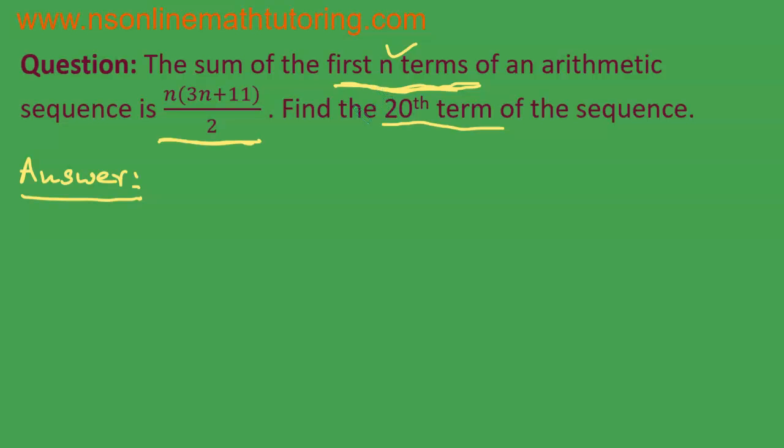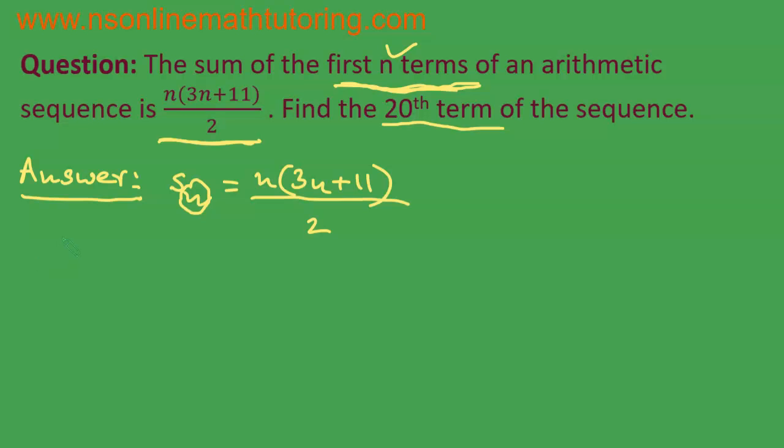Therefore, we can find S1 because Sn is given by this expression, n times (3n plus 11) whole over 2, and we can substitute different values for n to get the different summations.